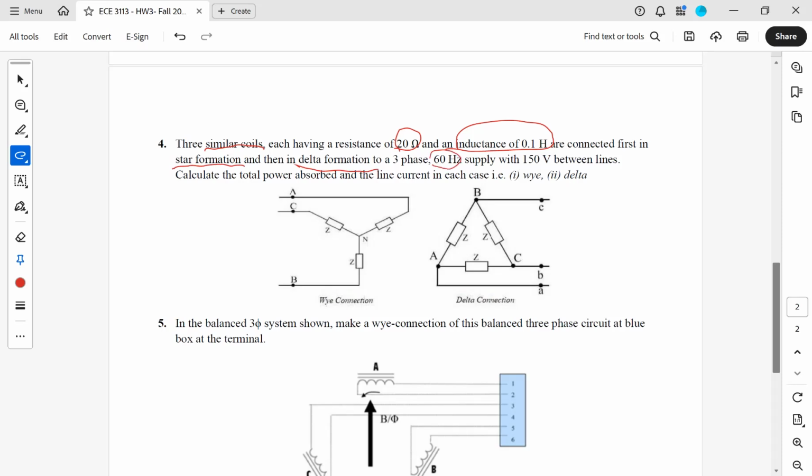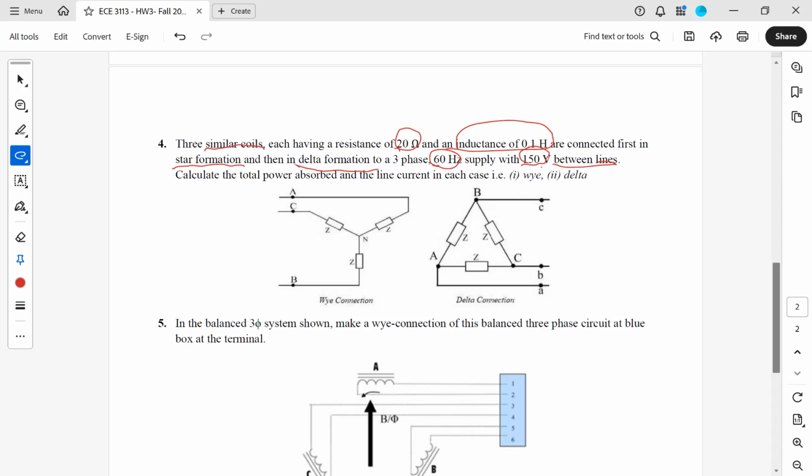The frequency is 60 Hertz, and they are all supplied with 150 volts between the lines, so it's line voltage. Now we want to calculate the total power absorbed and the line current in each Y and delta connection.